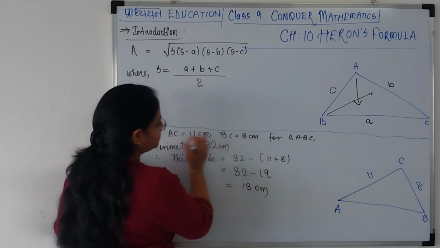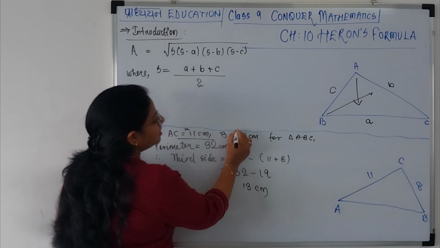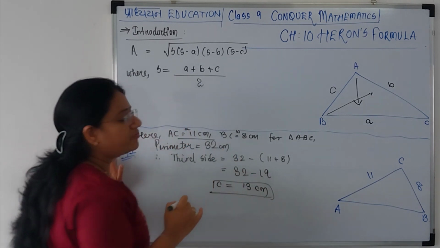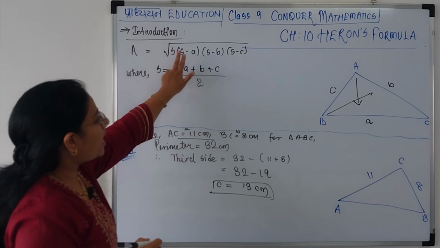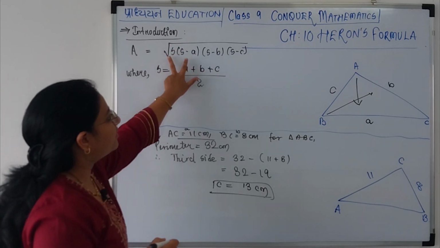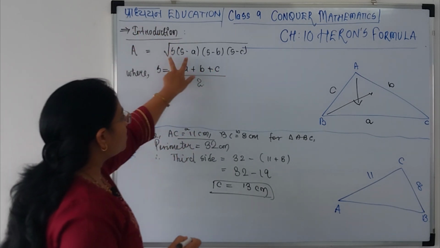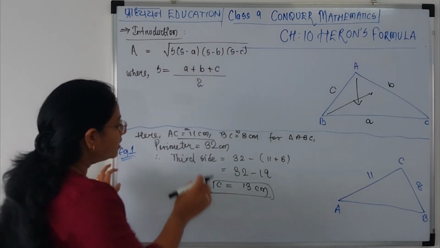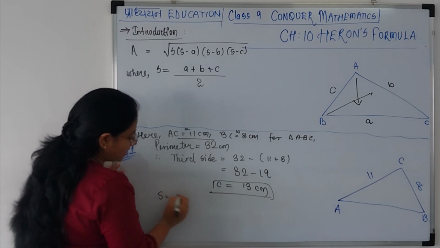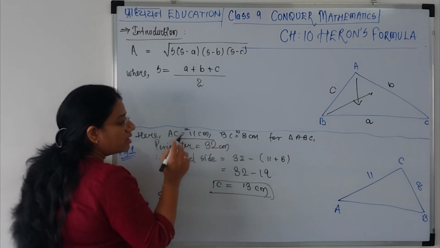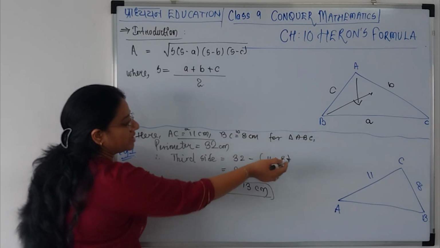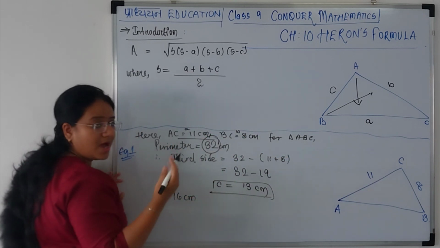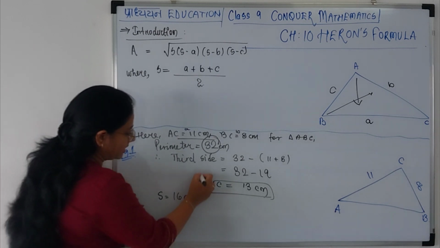Alright, so we have a is equal to 11, b is equal to 8 and c is equal to 13. Now the next step is, I always prefer that before applying the formula, find out s, s minus a, s minus b and s minus c separately. So here s will be equal to half of the perimeter. Now you don't have to go for a plus b plus c. You already have the perimeter, so you simply have s as half of the perimeter, that is 16 centimeters.